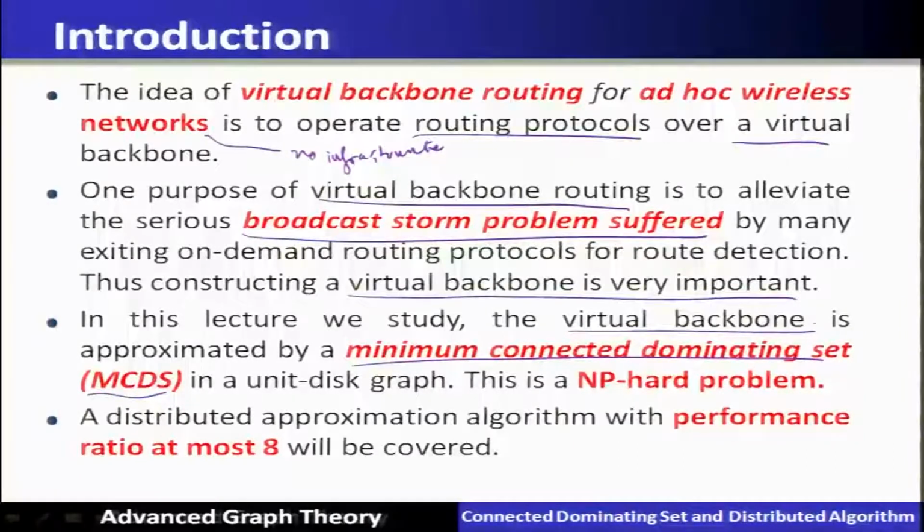Now this particular problem, through the algorithm, becomes an NP hard problem. So we will look upon the different algorithms which are the approximation algorithms. We will look into that particular algorithm to see how the algorithms are designed, and these algorithms are distributed algorithms. Why? Because the nature of the ad hoc network is large number of nodes which are deployed, and it cannot be done in a centralized manner.